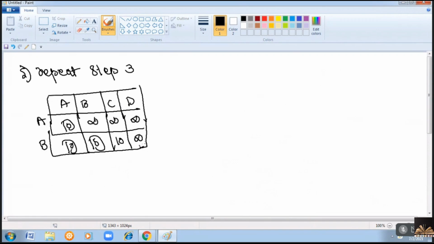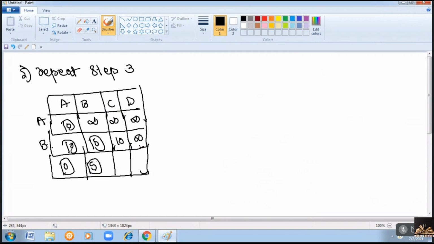So the third step means: draw another row and copy all the marked values. What are the marked values? 0 and 5 are the marked values, right? Sorry, you have marked B as permanent.